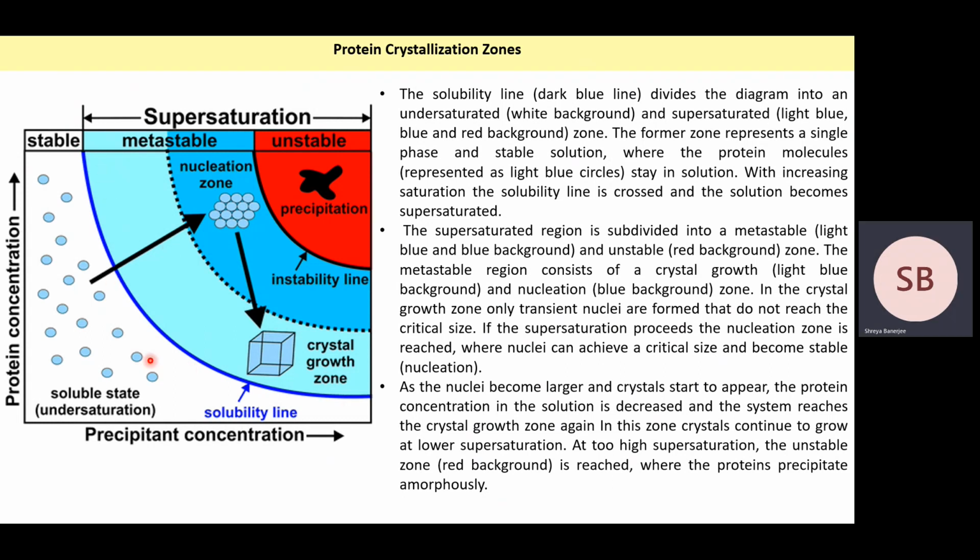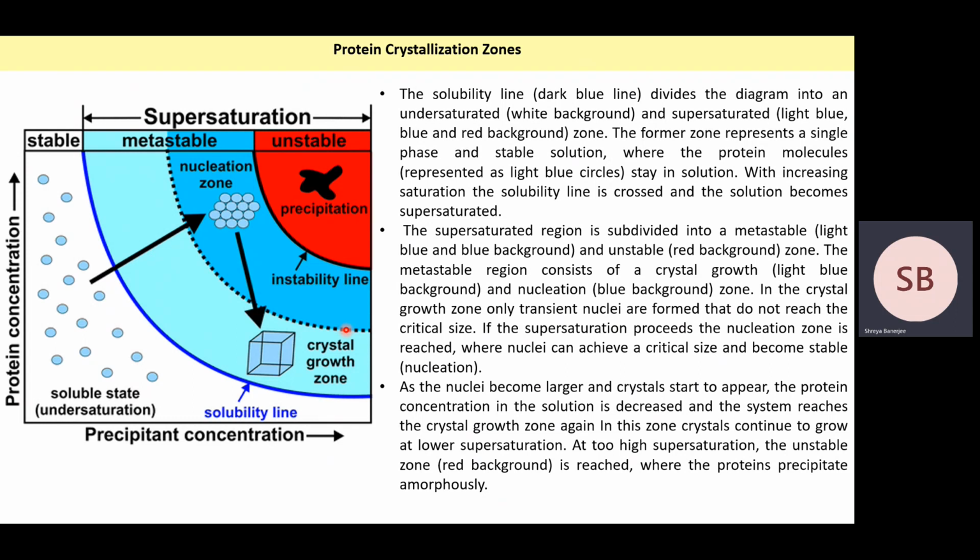The undersaturated zone represents a single phase and stable solution where the protein molecules shown by these blue circles are in solution. With increasing saturation, the solubility line is crossed and the solution becomes supersaturated. The supersaturated region is divided into a metastable zone and an unstable zone, which is this red region.